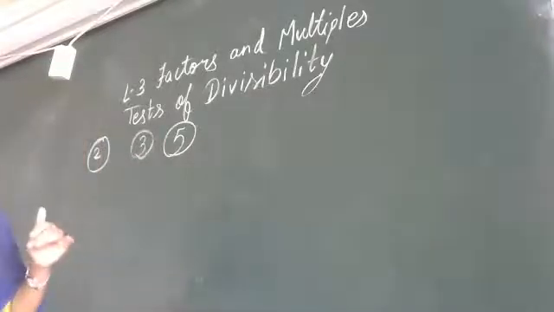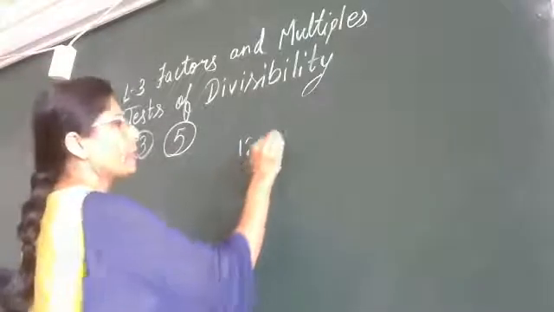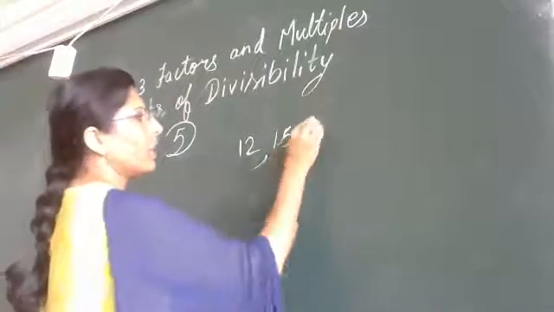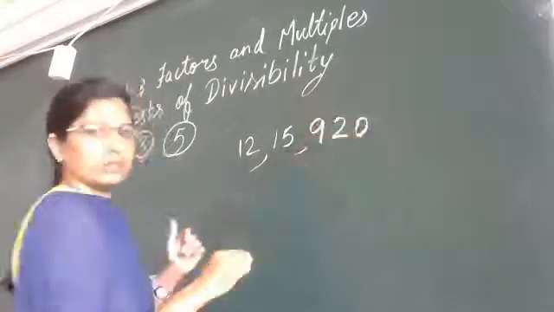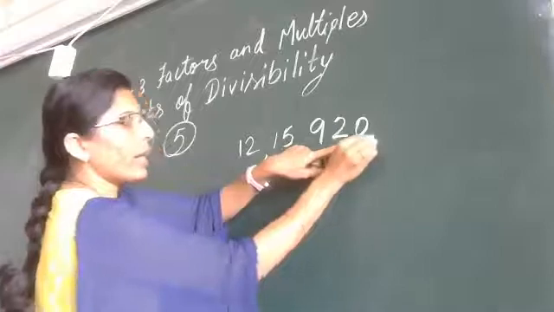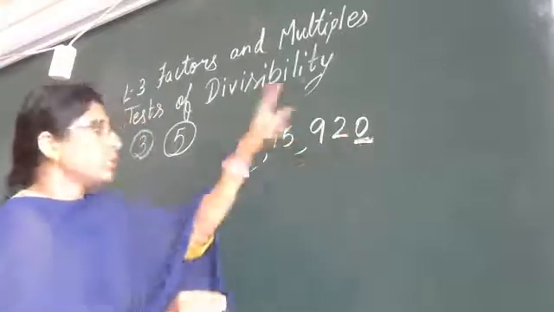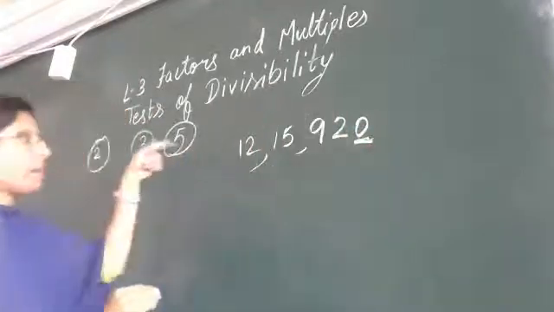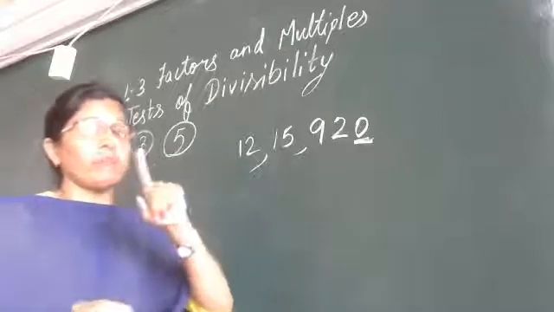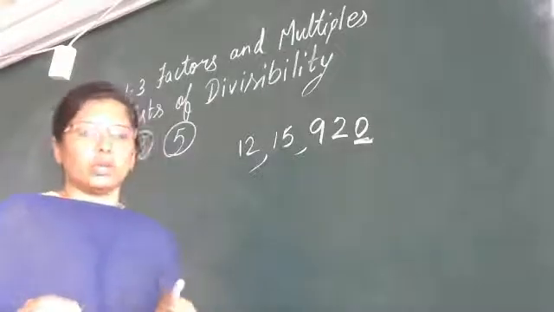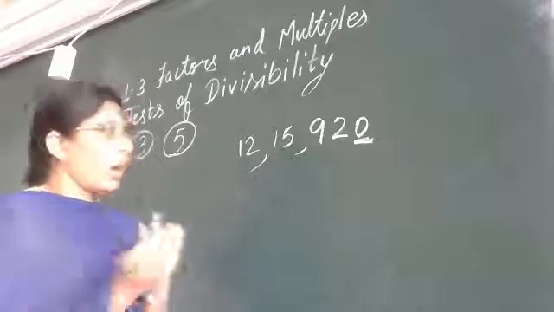Let it be lakh or crore. Means 12 lakh 15,920. Here 0 is there, means this full number is divisible by 5. When you divide by 5, you will get the remainder 0. Okay?